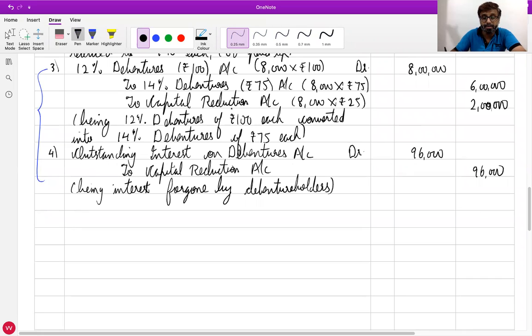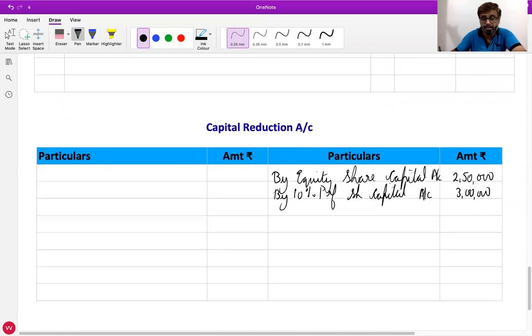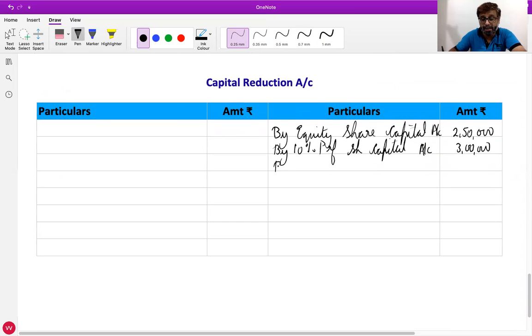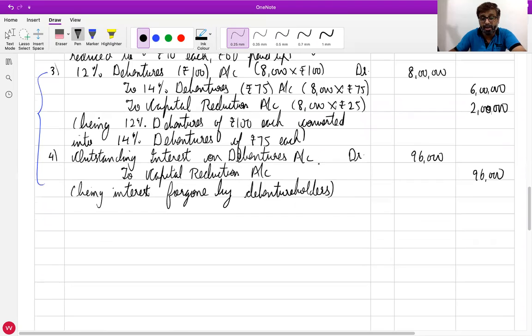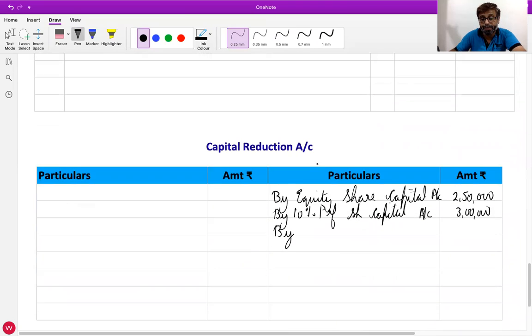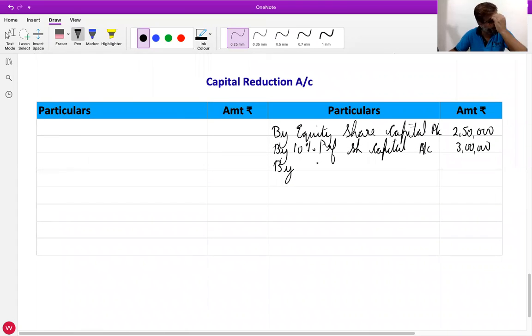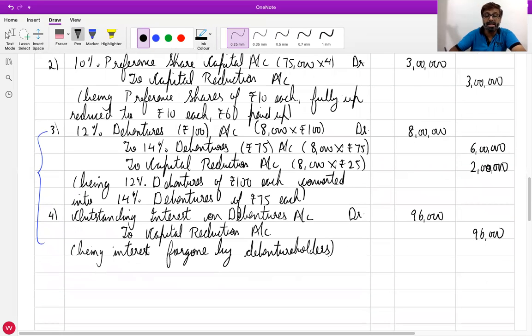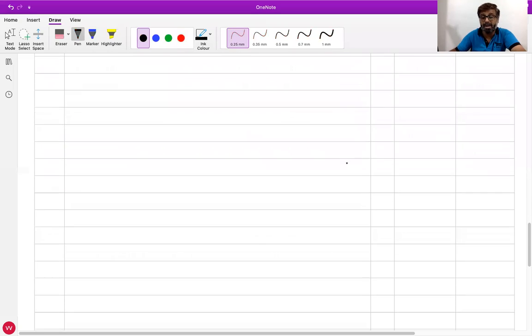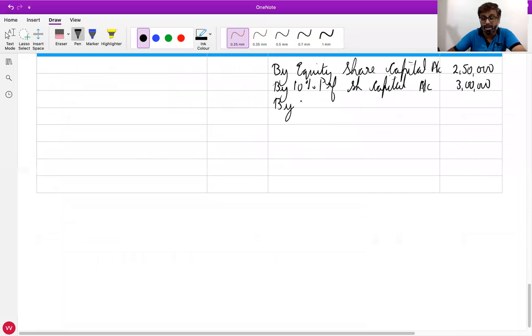What will we write by, from the third entry? What is the name of the opposite account? By 12% debentures account. Okay, the opposite account is to be written by 12% debentures account.